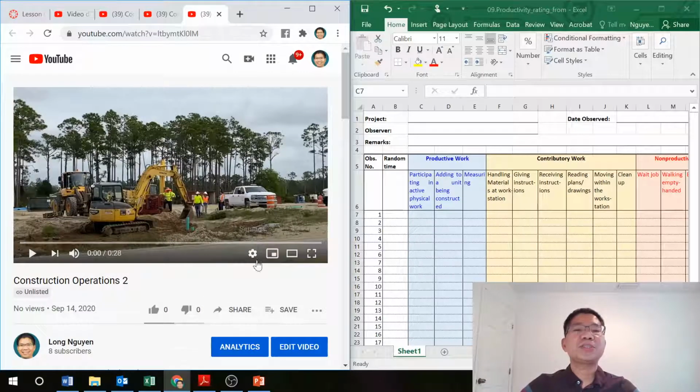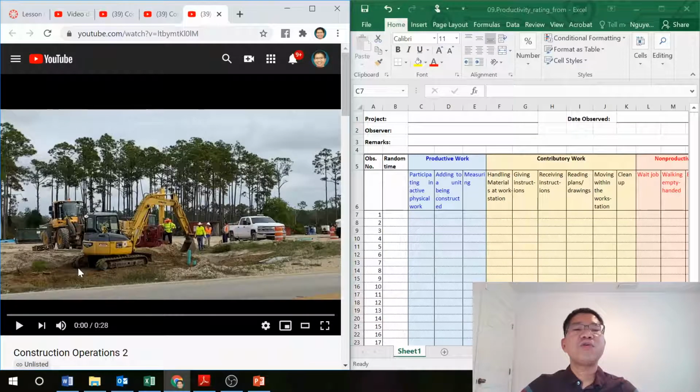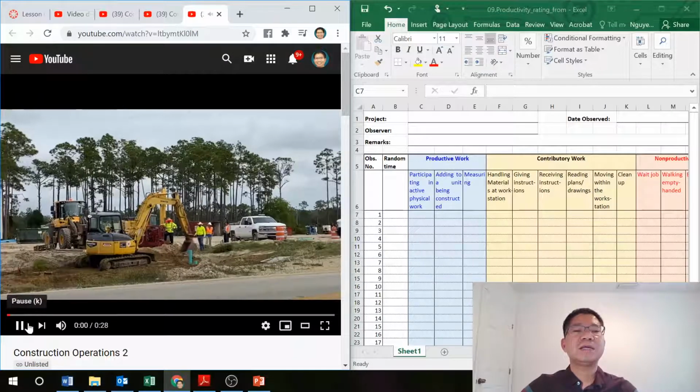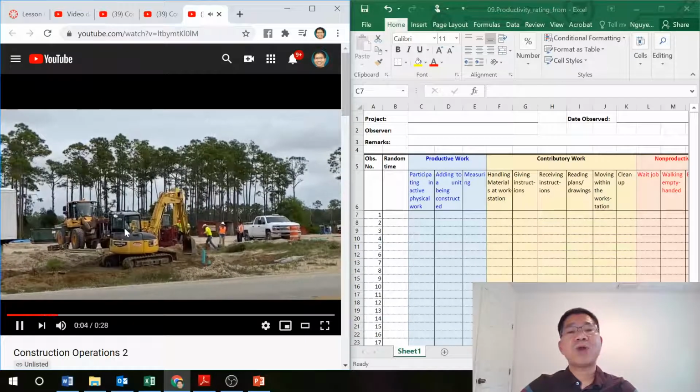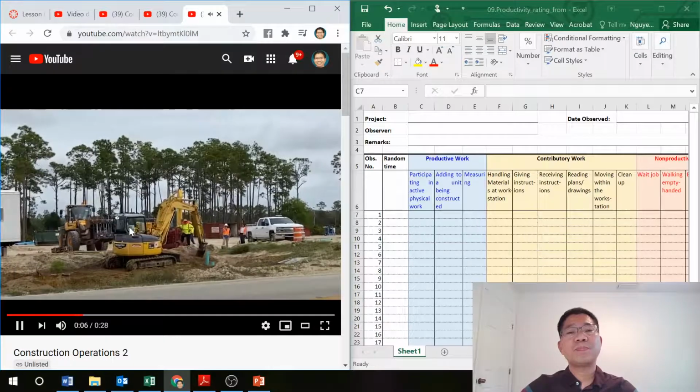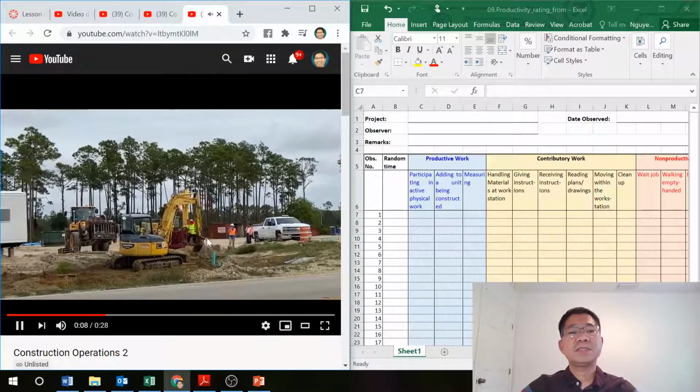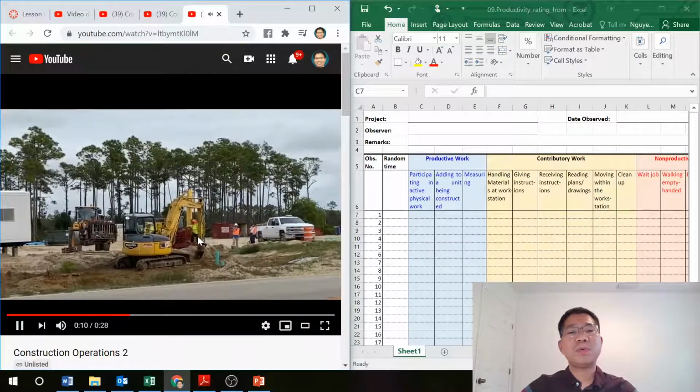Sometimes you watch something that involves both machine and people. In this case, the excavation, you can see that the driver does the work, so it's productive. But some people in this case are apparently just waiting for the job, or idle.